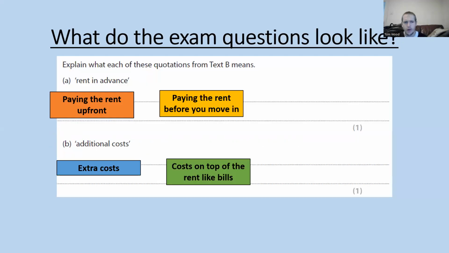Either one of these will be fine. Potentially, you want to explain it a little bit more. Extra costs is, in all fairness, you could add a little bit more in there. So additional costs, extra costs that may not have been considered, or extra costs on top of what you already pay. Things like this. Linking this one to the context will make it quite a bit easier there.